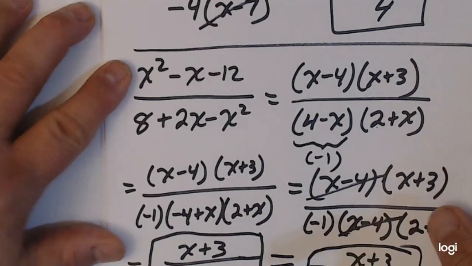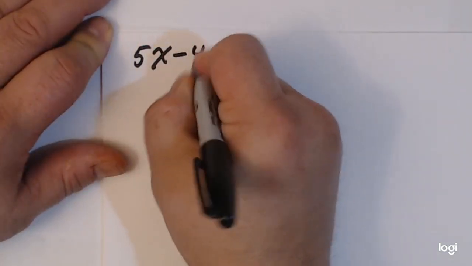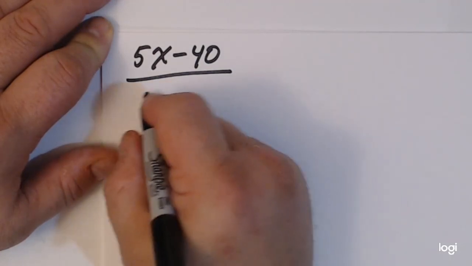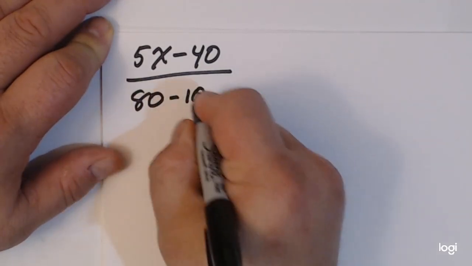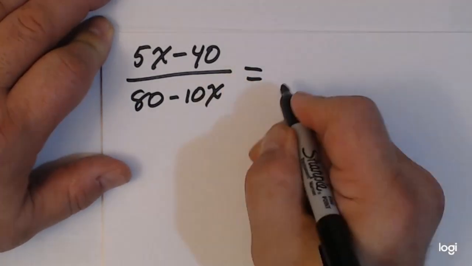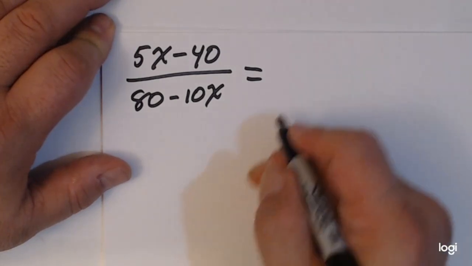All right, let's do one last one. Make it a good one. How about 5x minus 40 over 80 minus 10x? So from the numerator, let's factor out a 5.